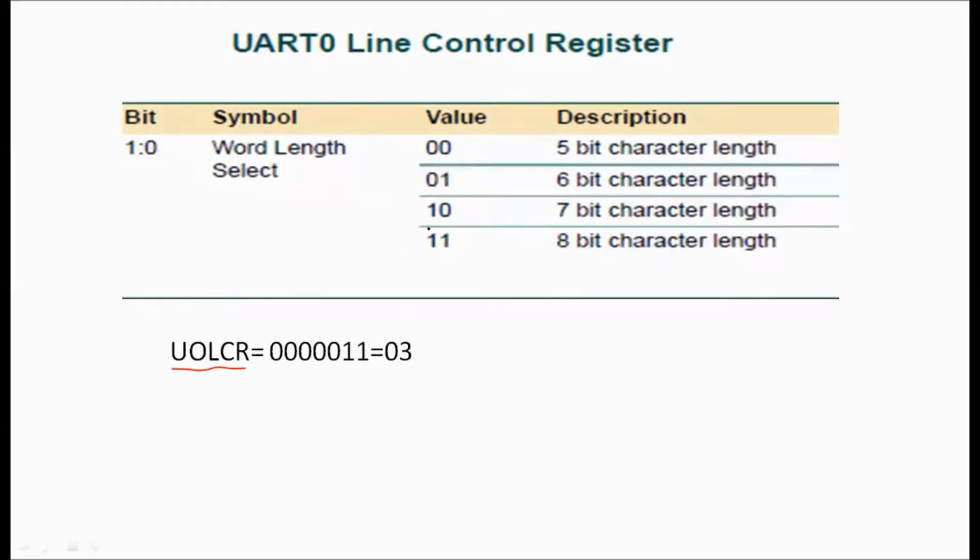We want to transmit an 8-bit character, that is, the ASCII value of the character. So these two bits, bit number 0 and 1, should be initialized with 1 1. So we'll store 1 1 here, and you will get U0LCR as 03H. So that is to select the frame of data transmission: start bit, then 8-bit character, stop bit. Other bits are also available there, but we'll change only these bits.